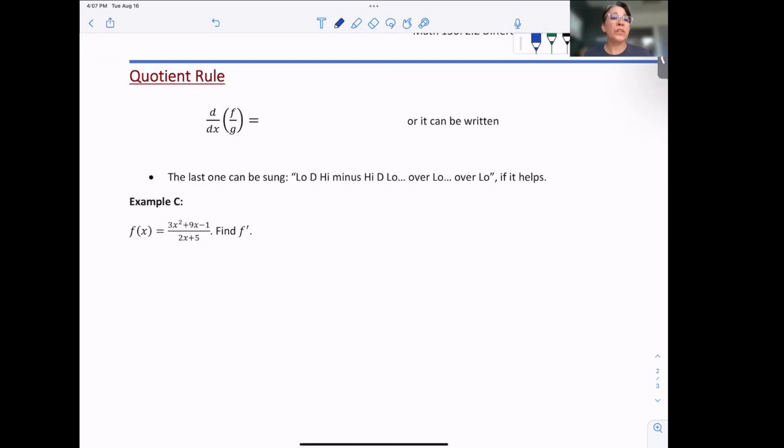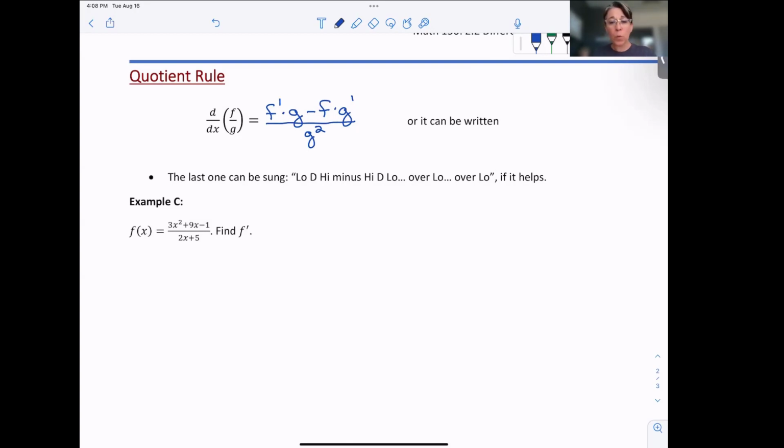Now, the second rule we want to look at is called the quotient rule, because that's when we're dividing. So if you have a function being divided by a function, here's what it's going to look like. The top is going to look just like the product, except it's going to be subtraction instead of addition. And then on the bottom, you're going to have g squared.